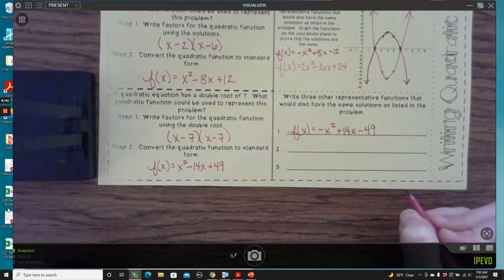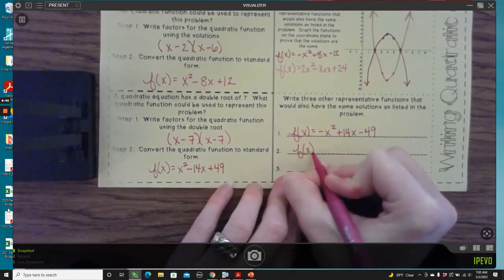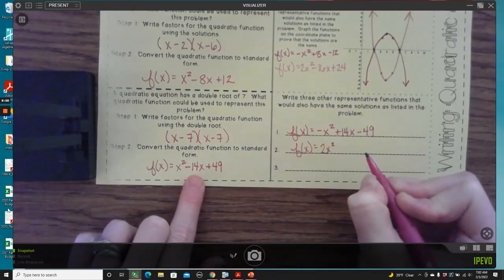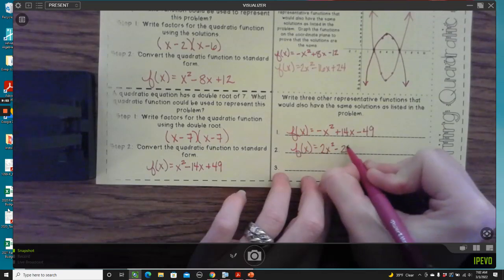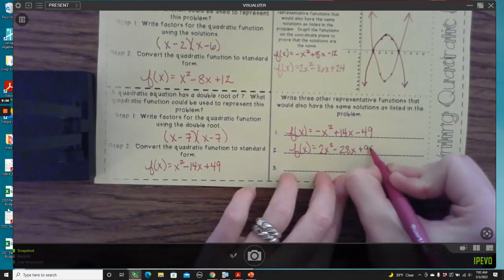Okay, I can multiply the whole thing by 2. So 2 times x squared is 2x squared. 2 times a -14x is a -28x. 2 times 49 is a positive 98.